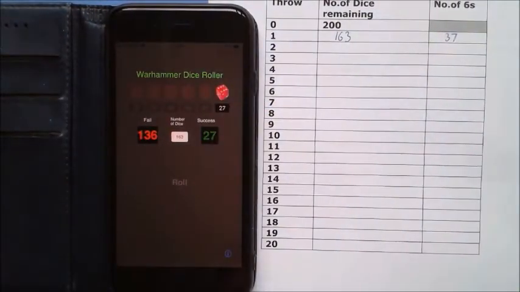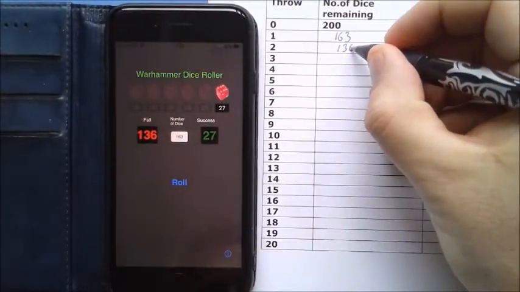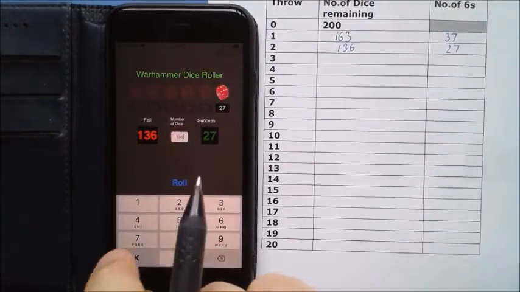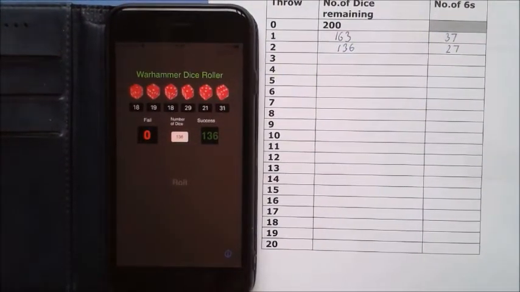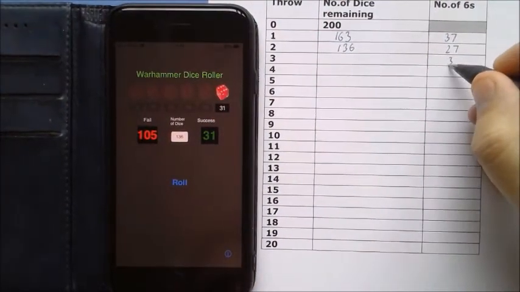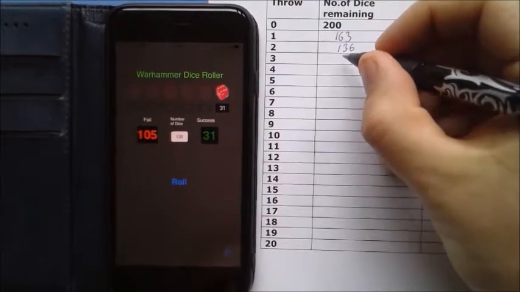And again, I've now got 27, and the remaining is 136. So now I'm going to roll 136. 31 of them are sixes, leaving me 105.